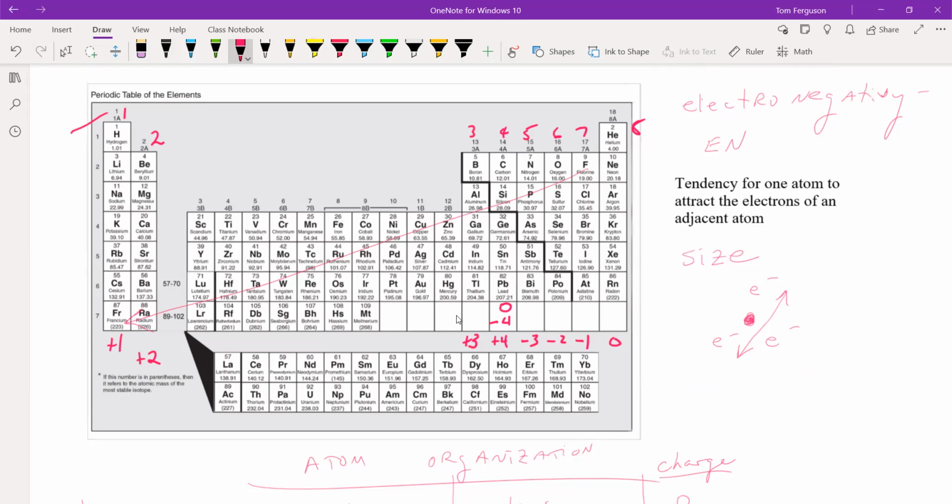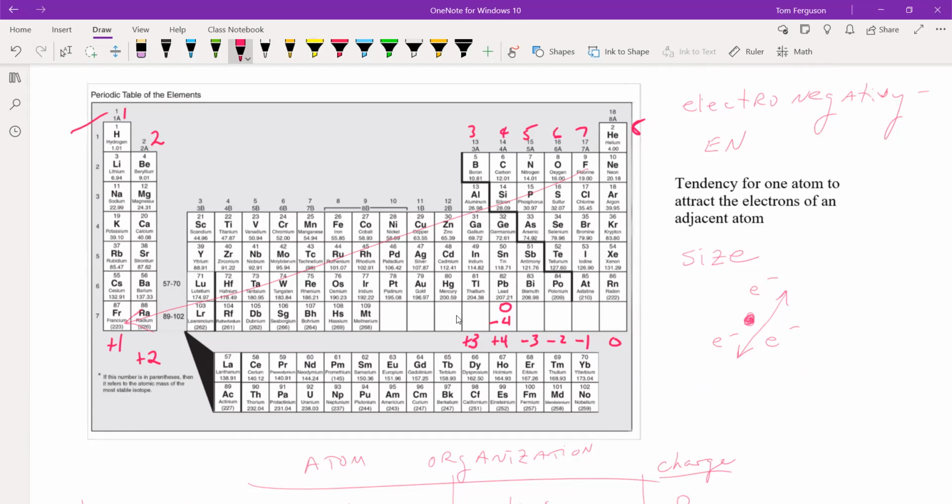Does that mean that group 4 is like the more stable? Yes and no. We're going to see when we talk about bonds. There's two kinds of bonds. There's an ionic bond and there's a covalent bond. Co means share. Like when you have a cohabitat, you share your apartment with someone else, right?